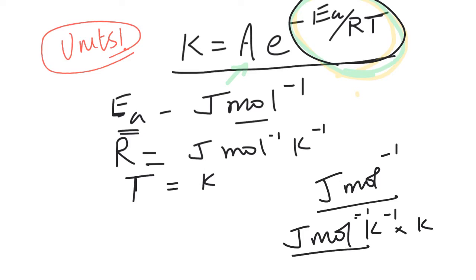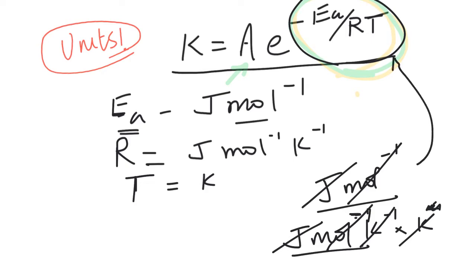Kelvin is just K, right? So the temperature unit is just Kelvin. Okay, I don't know why I put the minus there. It's just K there. So this thing cancels out. The per mole, to the power minus 1, cancels out. Joule cancels out. Basically, this means this bit here hasn't got any unit.